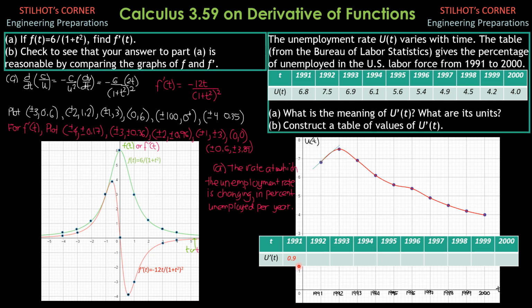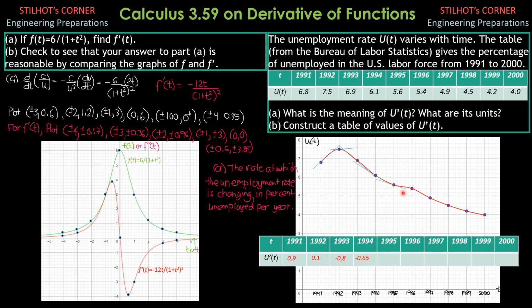So that's why it's 0.9. Here, that's positive but almost 0, so that can be approximated as 0.1. Then the tangent to this point has a negative slope, approximately negative 0.8. Then the tangent to this point, the blue line, is also negative but less steep, so negative 0.65.